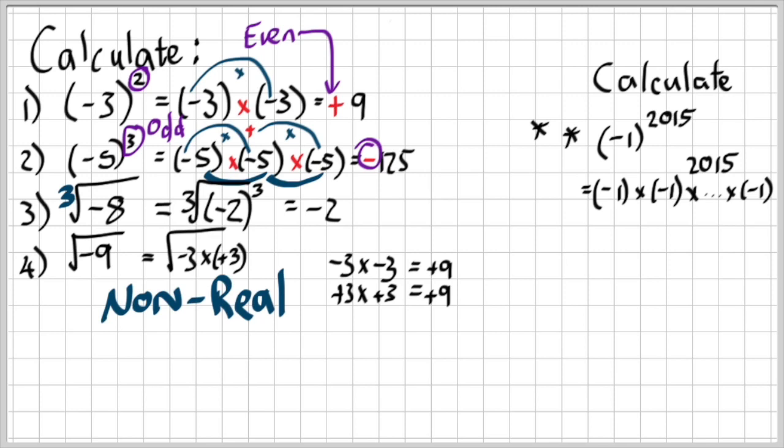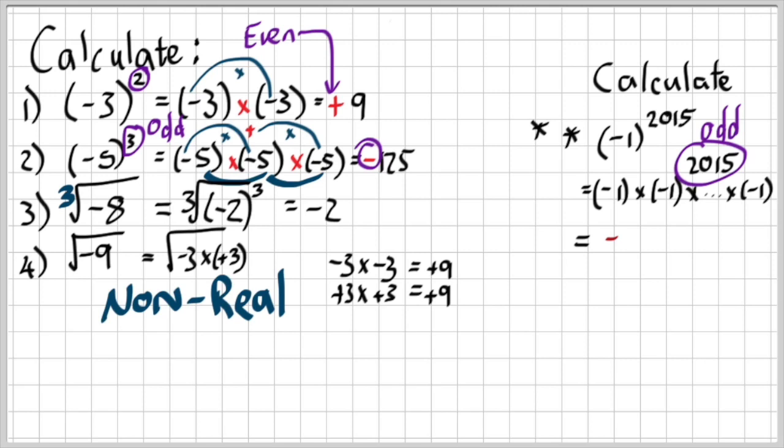Coincidence? Definitely not. So if I look at this, 2015 is an odd number. So I know that if I had to multiply all the negatives by each other 2015 times, the answer is going to be a negative value. If I multiply 1 by itself, what is 1 times 1? It's 1. Times by 1 is 1.